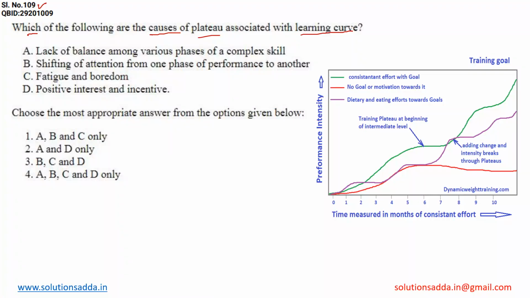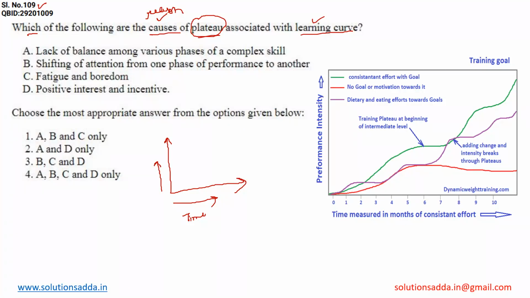Here we have to identify what the causes, what the reasons of this plateau are. So in order to answer this question, we should know the meaning of plateau and what the learning curve is. Learning curve is basically where we observe whether the learning of a student is increasing or not. Over a series of time, we are measuring the time a student is learning, and it is a performance graph.